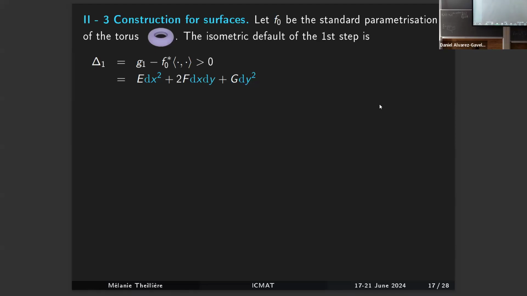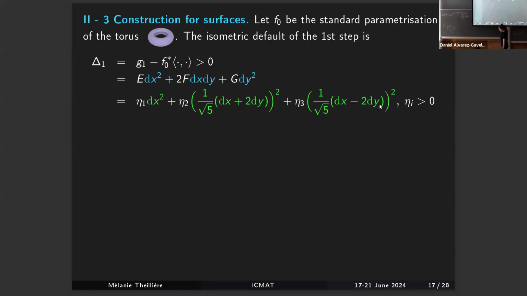Just recall that in 2 dimensions, the metric is of this form. So the isometric default is a symmetric matrix of size 2 times 2. And in fact, we rewrite the isometric default as a sum of squares of linear forms with positive coefficients eta i.